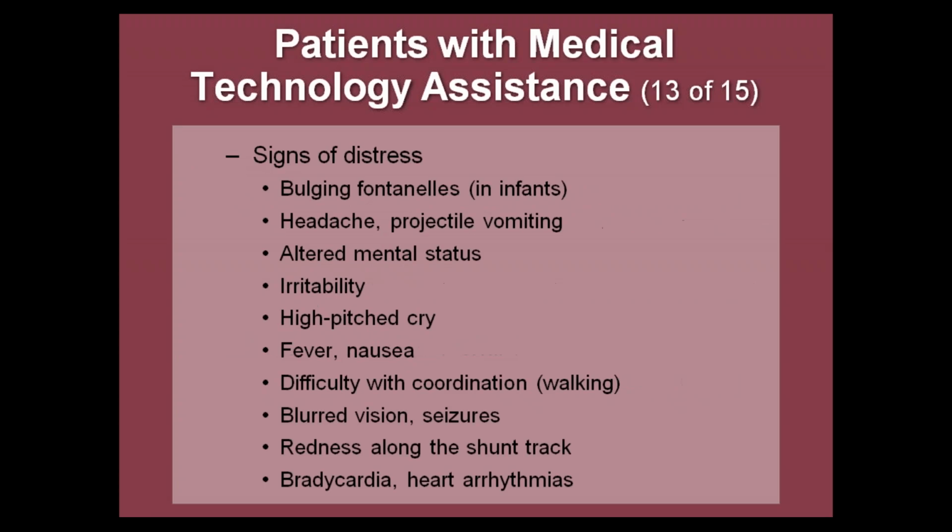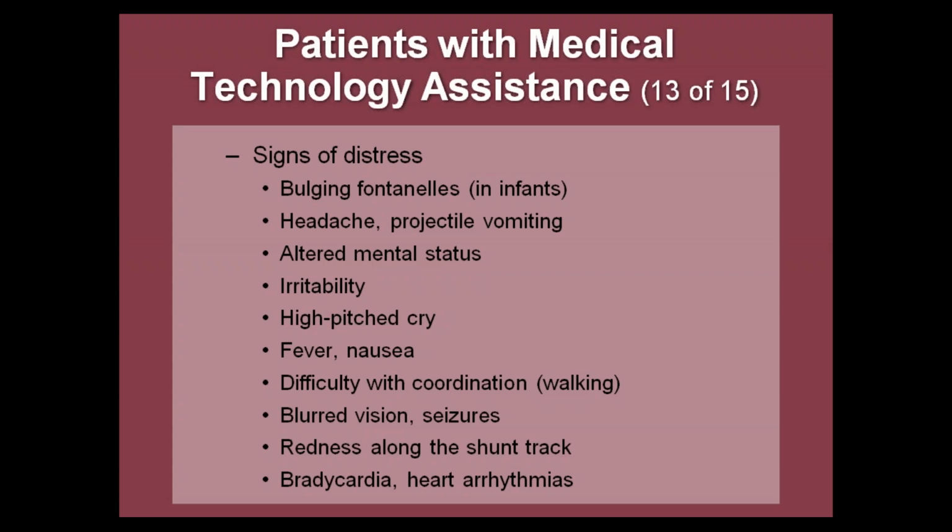Signs of distress, you're going to have bulging fontanelles when it's in infants. The fontanelle is that section on top of the head, and it could be bulging, which is an indication of increased cerebral pressure. You're going to have headache or projectile vomiting, which is something you would expect in a traumatic brain injury. Altered mental status, irritability, high-pitched cry.